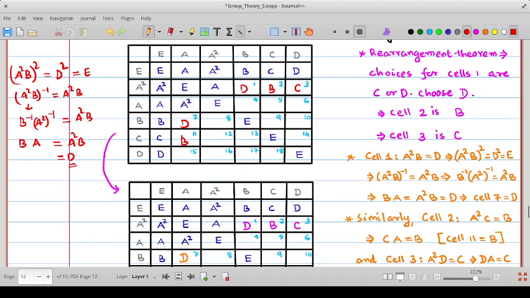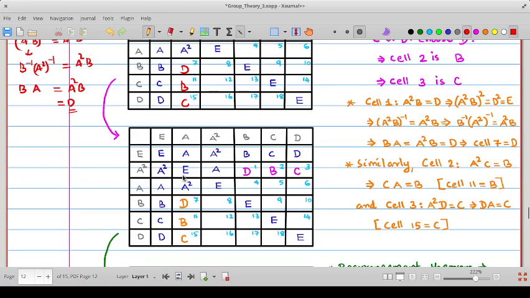So this will be B. And we can start with cell number 3, which says that A square D is equal to C, which will lead to the result that DA is equal to C. Therefore, this will be equal to C. So that is what is shown in this figure.